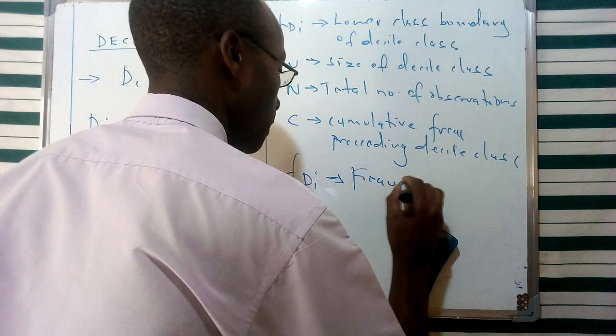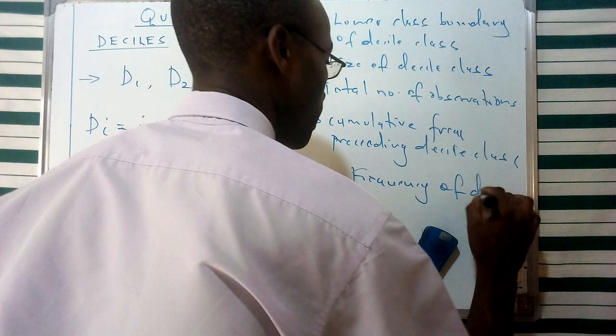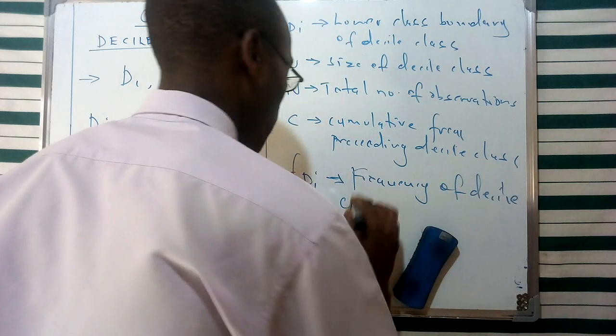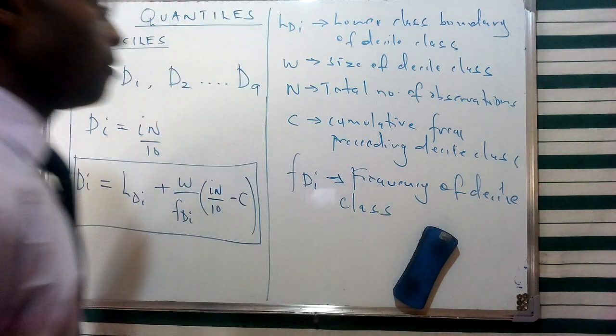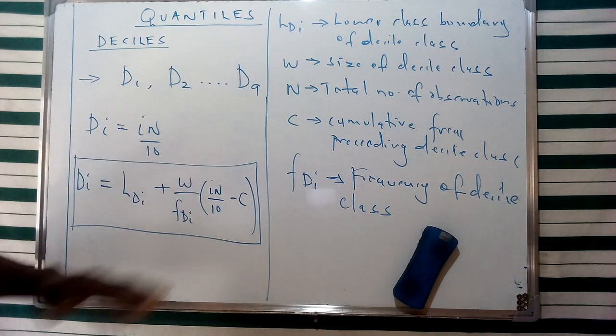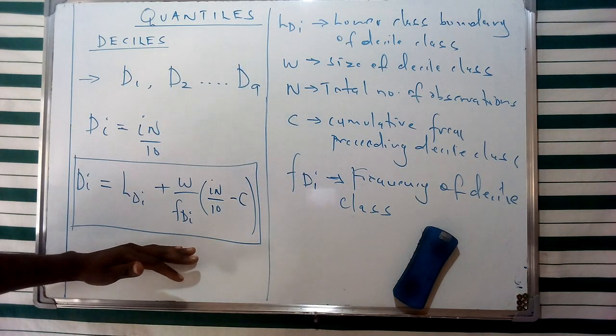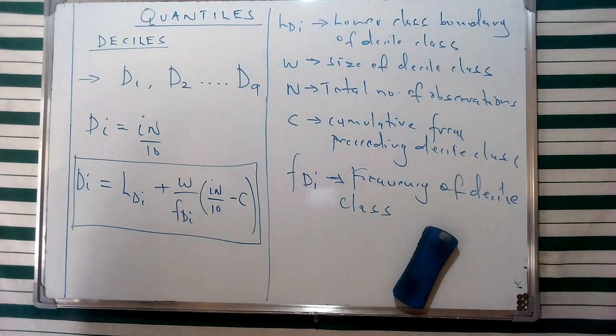The relationship between these different entities gives us a general representation for finding a specific decile from a given set of data.